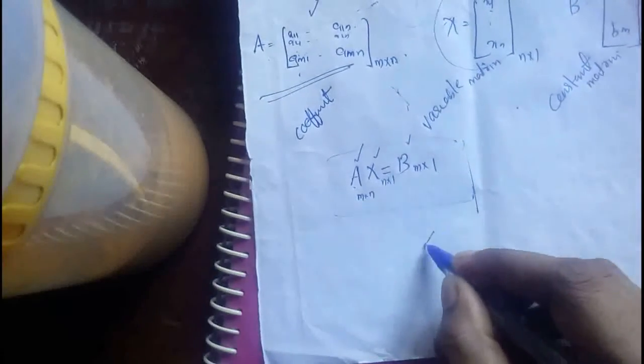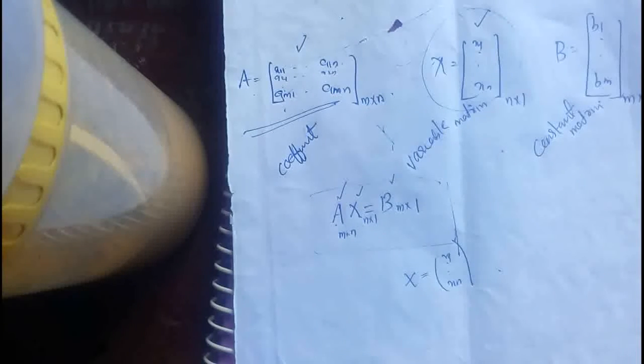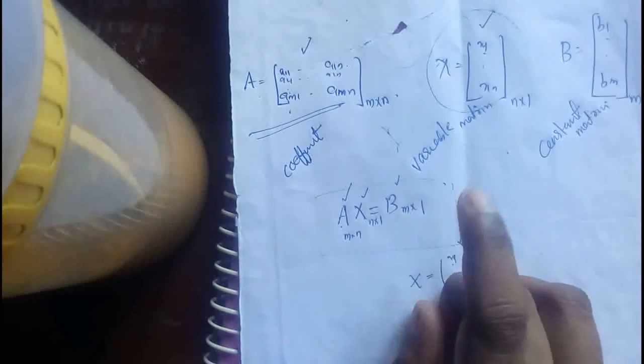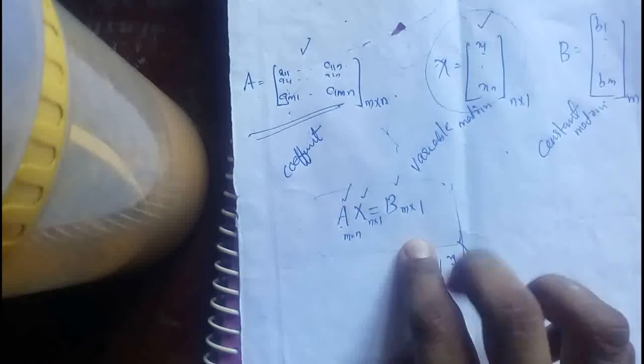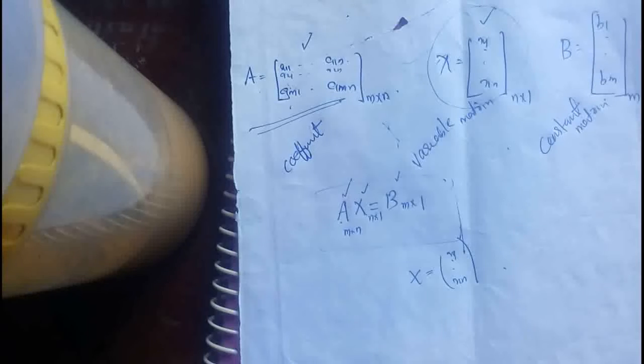Here A is a matrix, x is a matrix, B is a matrix. Here x is the matrix x1, x2, etc. xn, which is the variable matrix. So any vector x which satisfies the equation Ax equal to B is called a solution matrix.